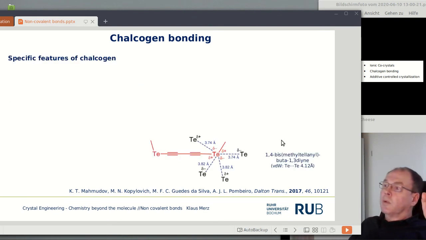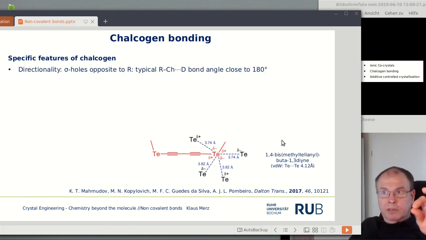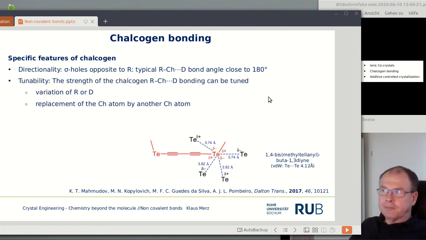Good. Once again, comparable with halogen bonds, you have a directionality like hydrogen bond, like halogen bonding, on the opposite side of the substituents. And you see very often, comparable with hydrogen bond, around 180 degrees.